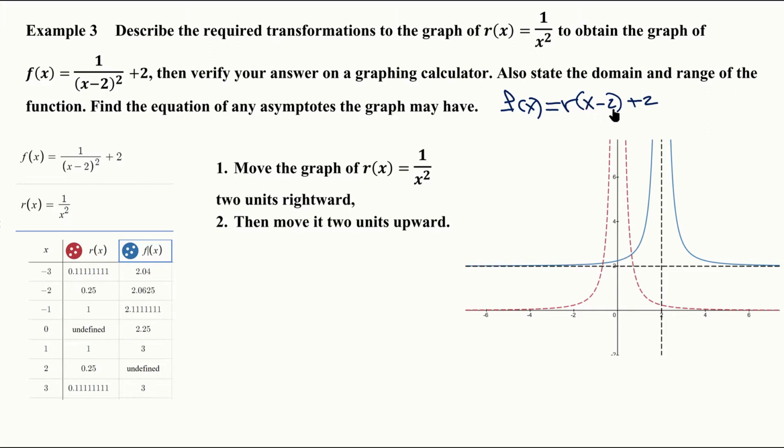Because of this movement to the right, the vertical asymptote is going to move 2 units to the right. But in this case, because it's being shifted up 2 units, the horizontal asymptote is going to shift up 2 units as well, right? So think about for a minute what the equations of those would be, and then come back. Okay, so pause, think of that, and then come back.